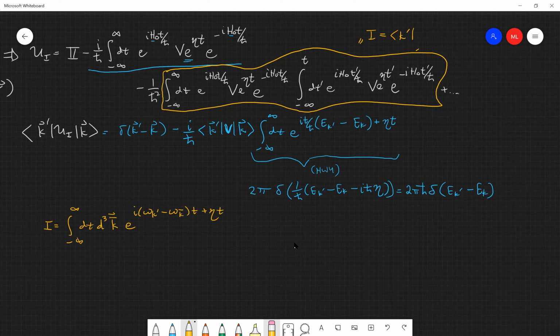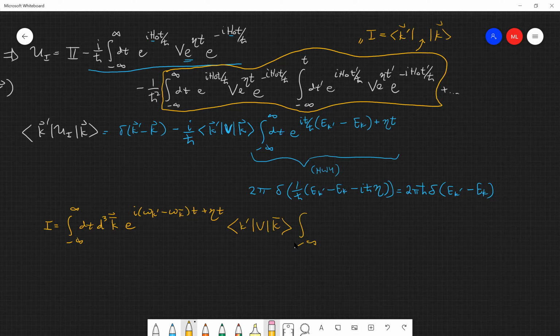This is all this stuff in here. So that gives us this e to the i omega k prime here. And then we have k prime v k bar. That's the first matrix element.